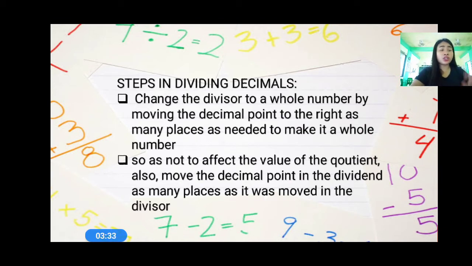So you're not just going to move the decimal point in the divisor, you're going to move it in the dividend as well. Move the decimal point in the dividend as many places as it was moved in the divisor. So if you move the divisor 2 places, then move the dividend 2 places as well. Do you understand me? That is the second step.